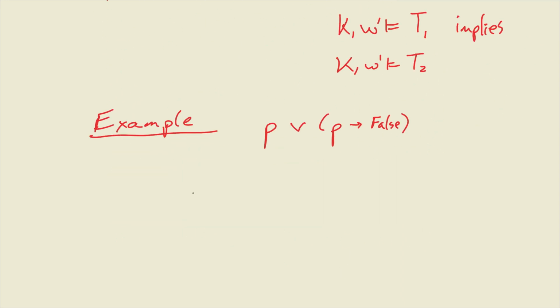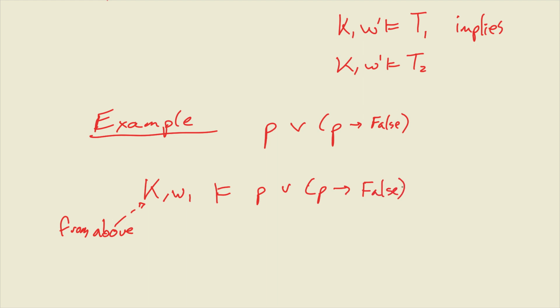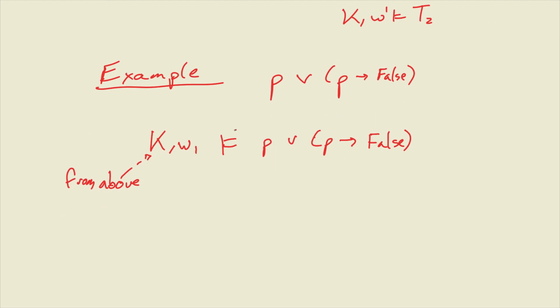If that were to be a theorem, it would have to be true in all Kripke structures, but it's not true, I believe, unless I messed up, in world 1 of the Kripke structure above. P or not P, and not P is usually defined as P implies false in intuitionistic logic. It's not true at that world.